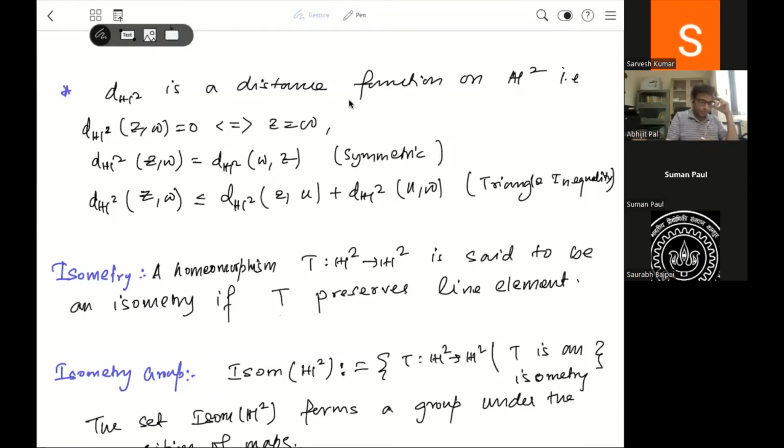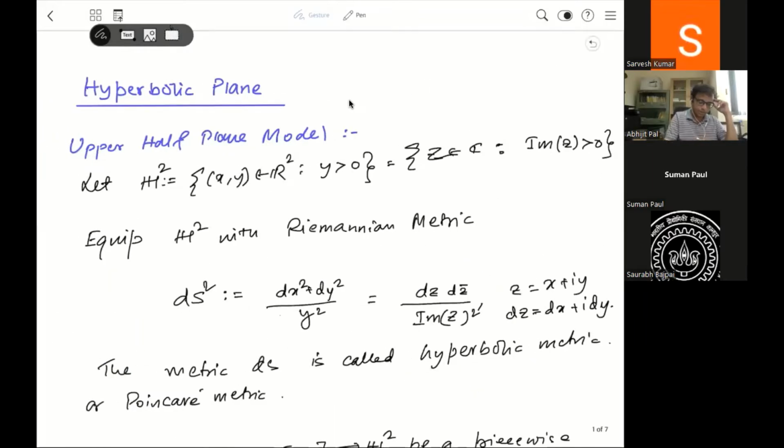You already have the definition of an isometry. A homeomorphism T from H2 to H2 is said to be an isometry if T preserves the line element, meaning T preserves this Riemannian metric.